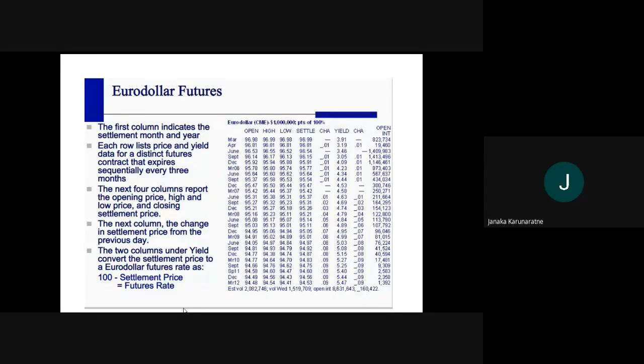Then there is the open interest. So this is typically what you find if you want to trade on a futures exchange. You will find this data, so you know exactly what type of futures contract you need to purchase or sell. Just for information, you can have a look at the latest information.